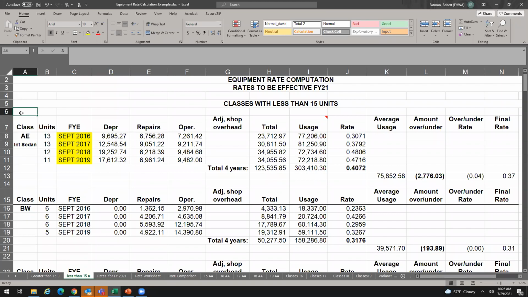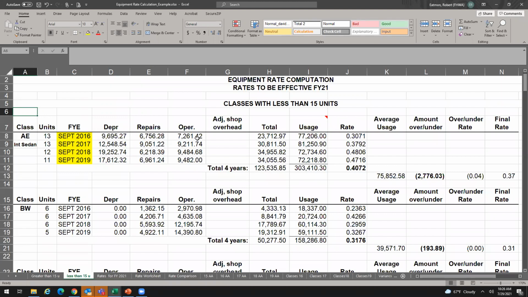It would be the same exact thing with equipment rates. If your organization chooses to develop equipment rates and bill these as a direct cost, so you're developing a rate and you're billing them basically directly to projects as a direct cost, then you would need to exclude all of these costs from any of your indirect cost pools.